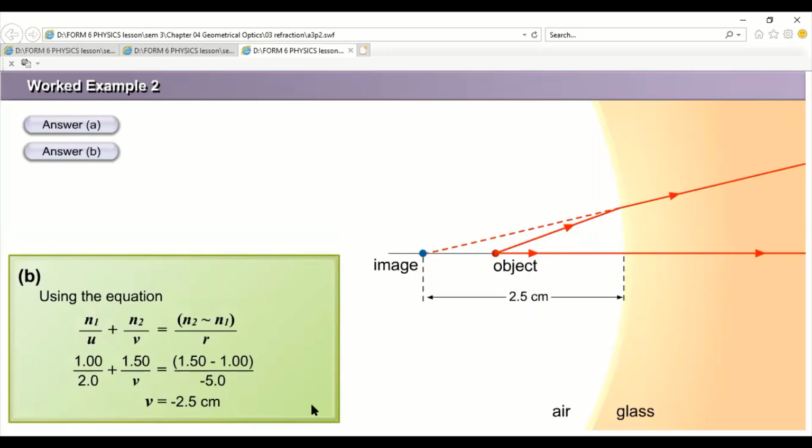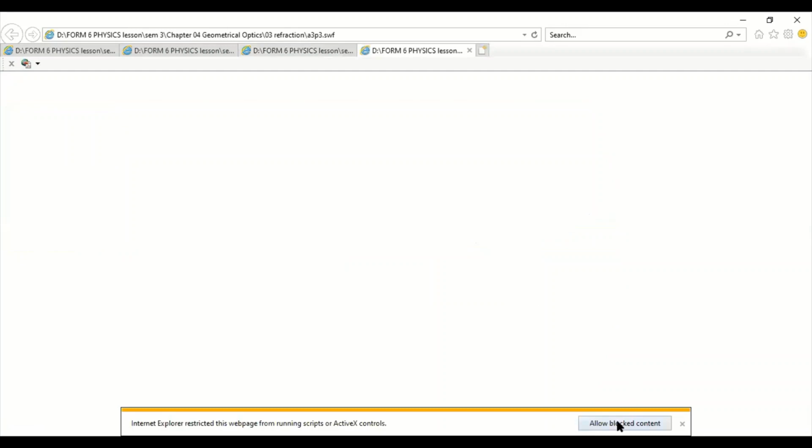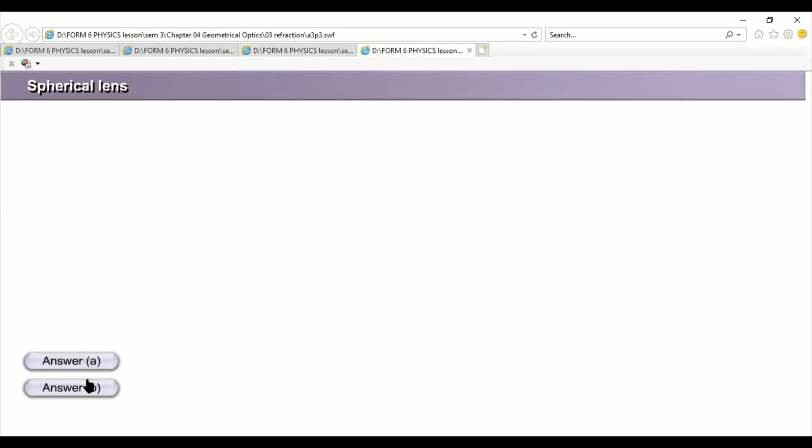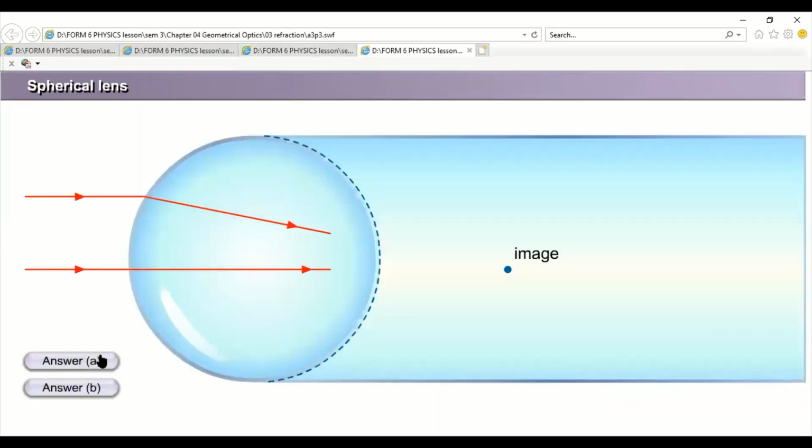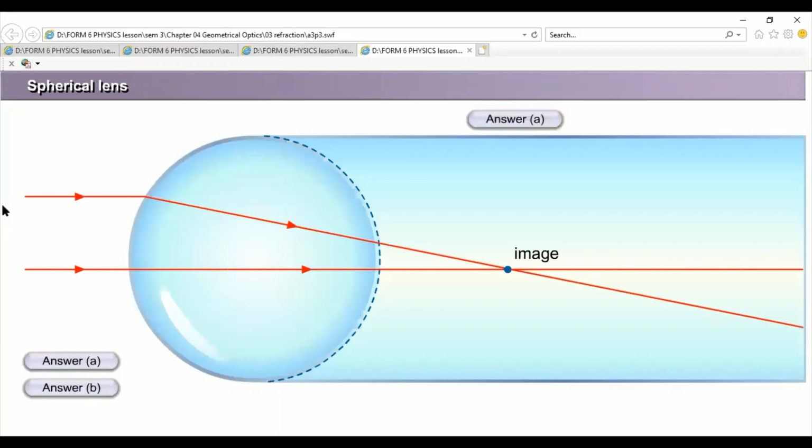As a conclusion, we can say that for a spherical lens, we look at another example. What will happen if the image forms outside the spherical surface?